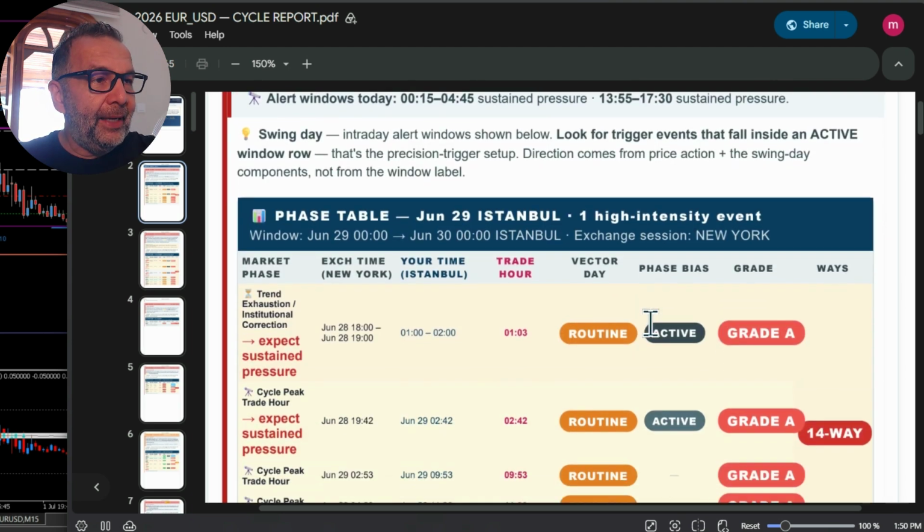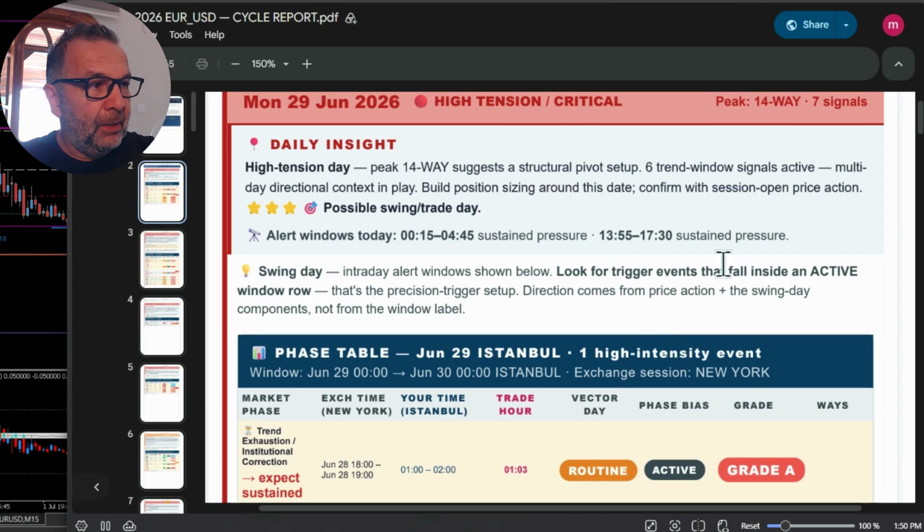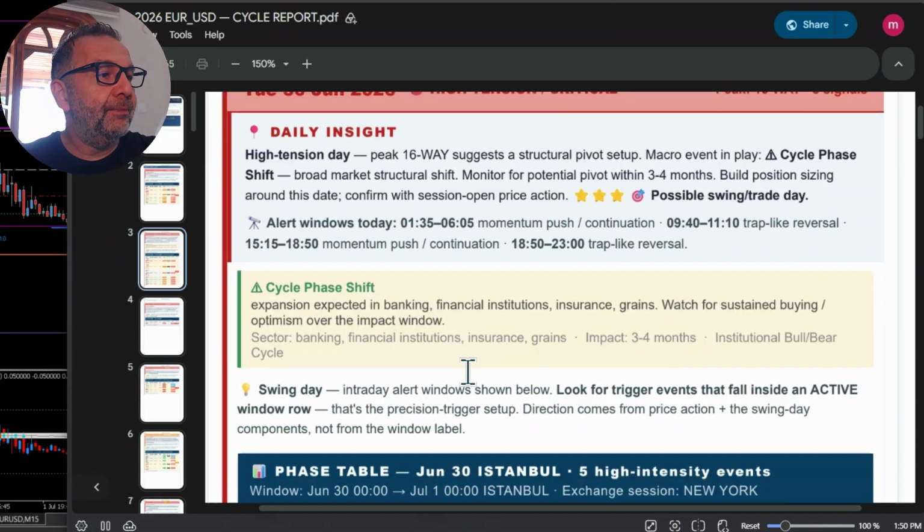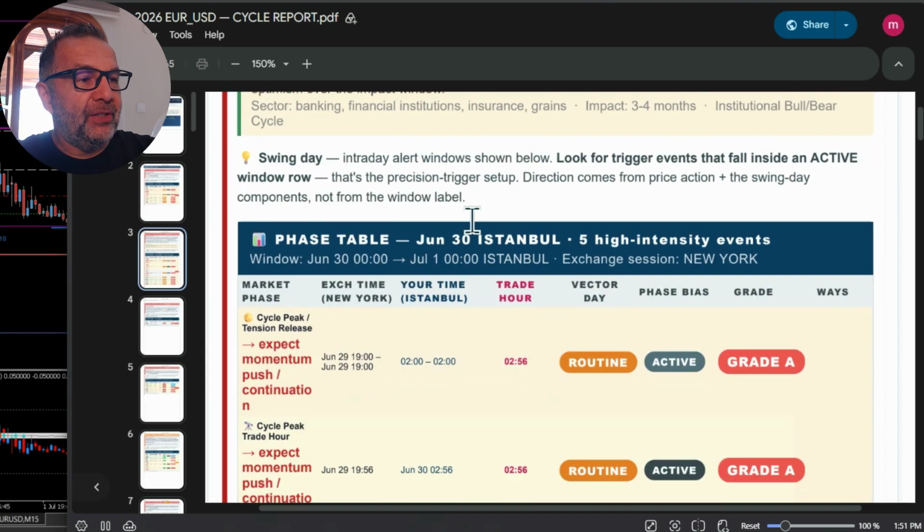On other days, let's just keep this in mind, right? On other days, you might find, look, momentum push continuation. Now this is gold, okay? Because from 1:35 to 6:05, we're expecting momentum push continuation. So what hour do I have between 1:35 and 6:05?